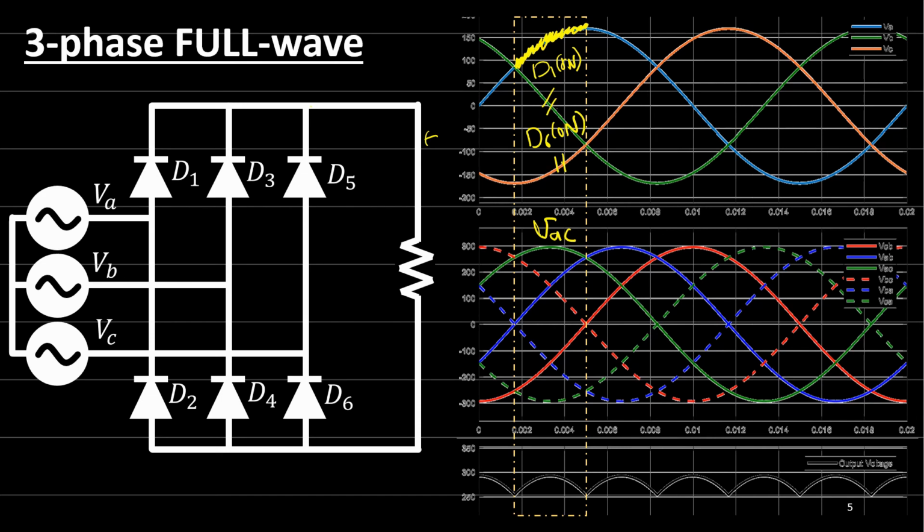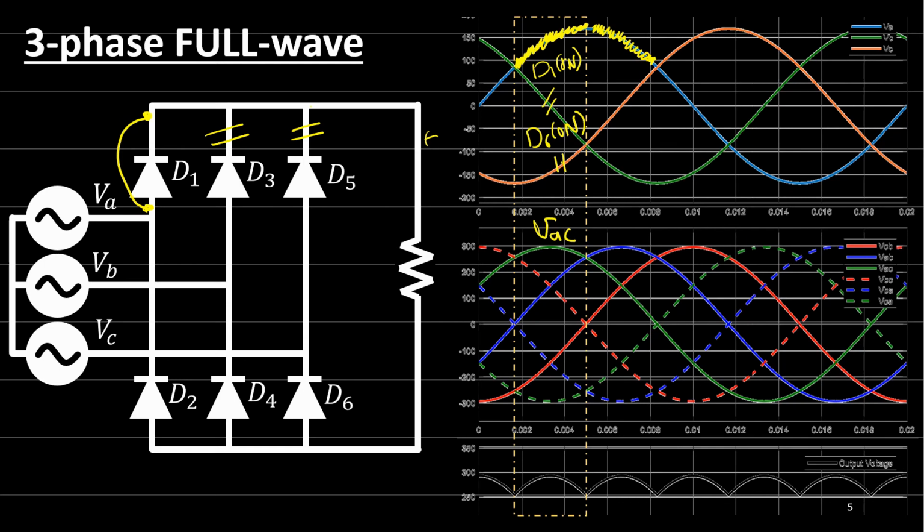In this cycle, when VA again is larger than VB and VC, so that one will be on, this will be on, and this will be off.